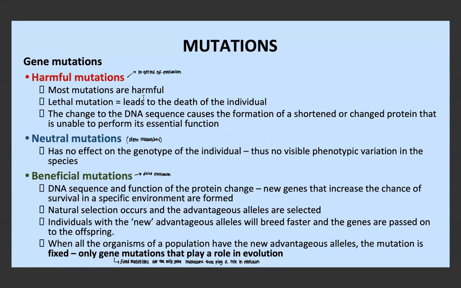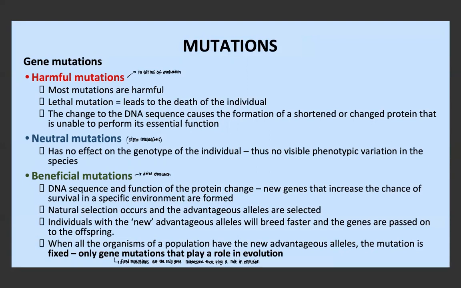So most mutations, especially for humans and animals, are harmful. If it's a lethal mutation, that's what we call a mutation that causes the individual to die. The change in the DNA sequence causes the formation of a shortened or a changed protein. So the protein is terminated prematurely, or it's changed in structure, and that means it's unable to perform its essential function. That's why it's harmful.